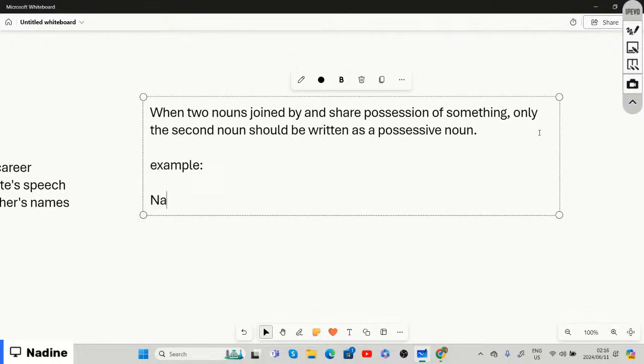I'll use my own name, Nadine, and let me think of another name, Betty. So we can say Nadine and Betty share a room, so we can say that Nadine and Betty's room is larger than mine.